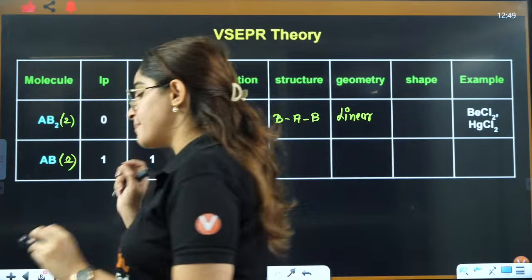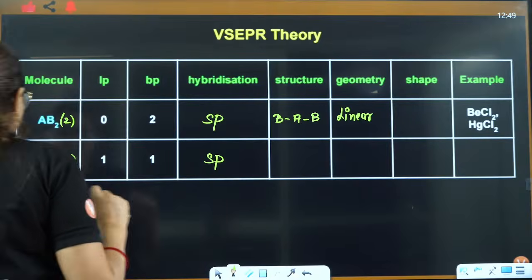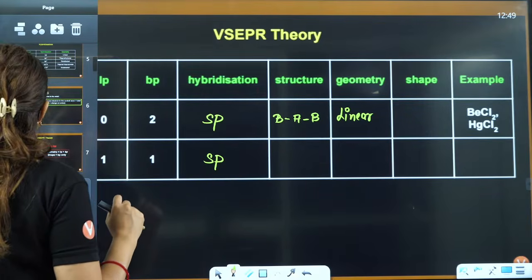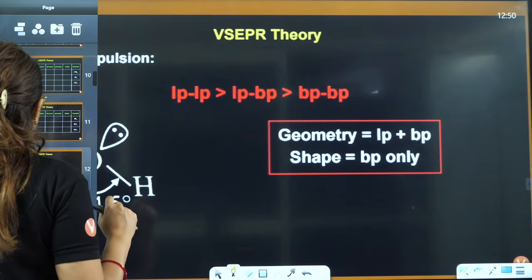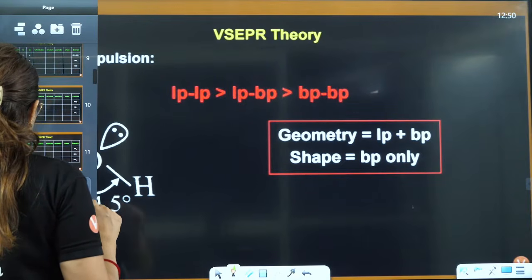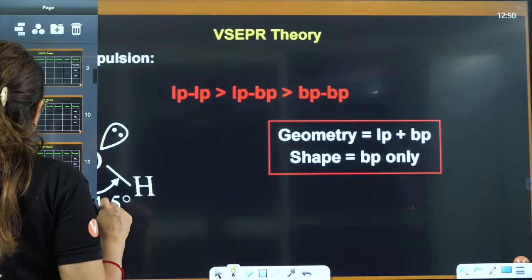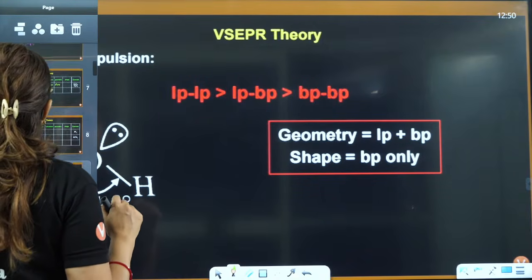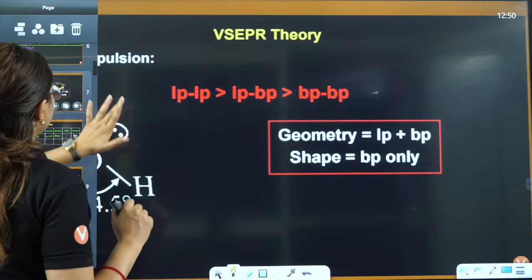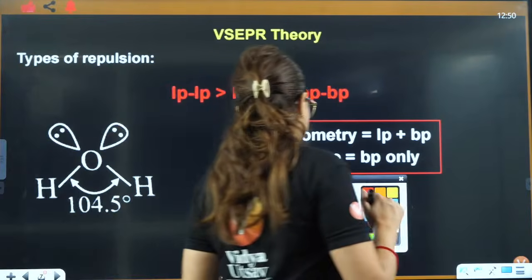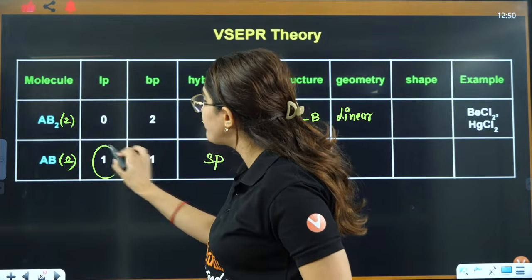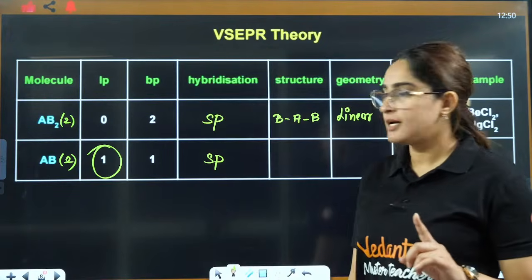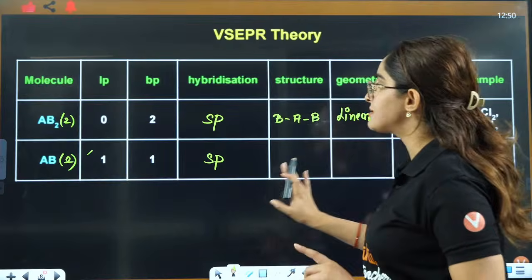Now, remember one thing. Whenever you have a lone pair, the geometry will remain the same.